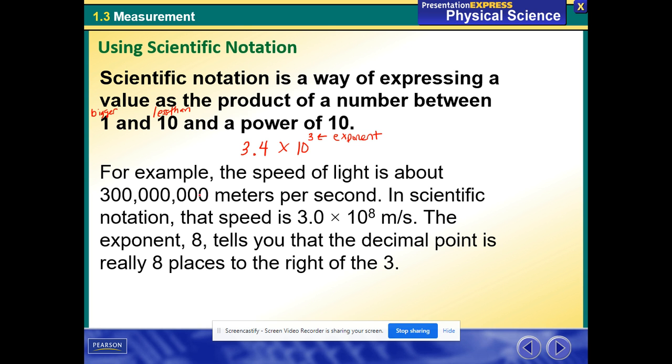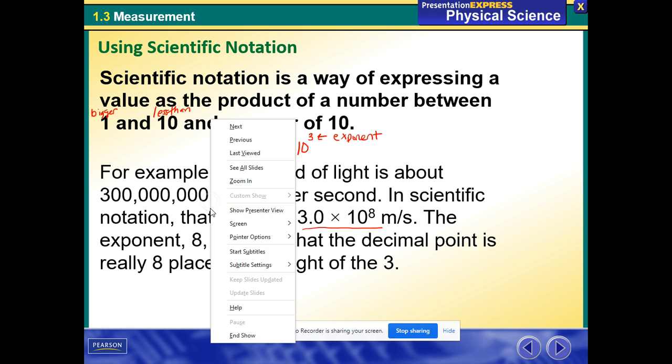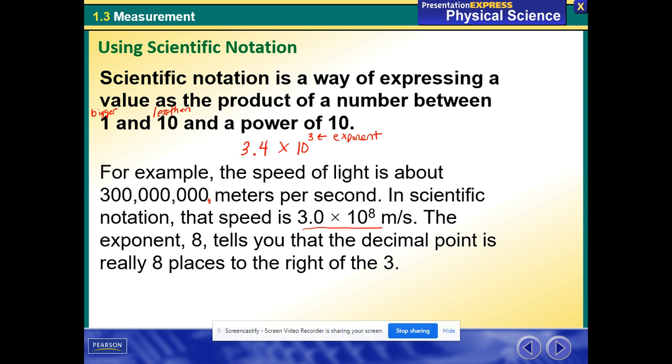So, how did we go from this number to here? Well, if you've ever seen a number and there is no decimal, you're going to assume that it is at the very end. What you're going to then do is move the decimal where the number in front is bigger than 1 but less than 10.